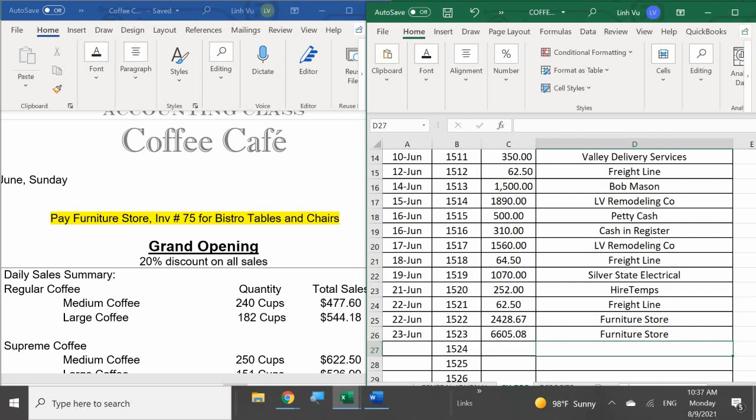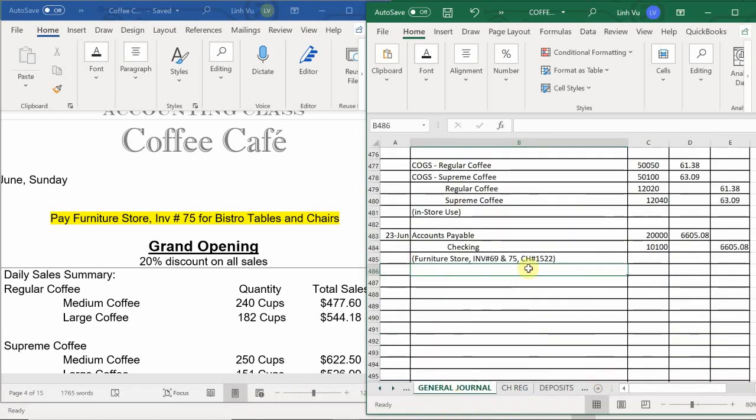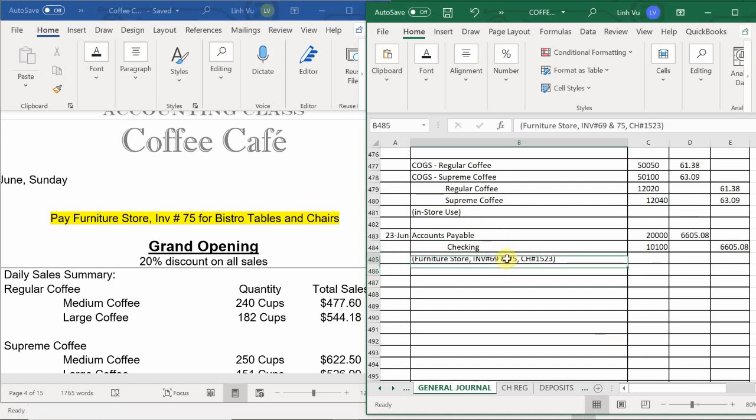And then I just went back to the general journal and add the check number before I forget. There you go. So we got furniture store invoice number 75, check number 1523.